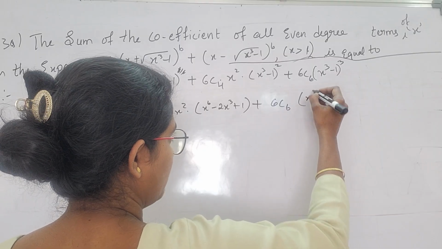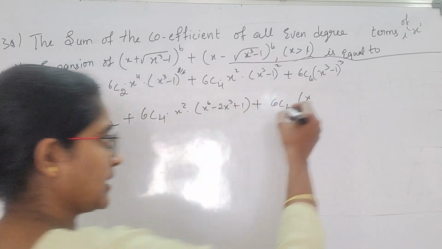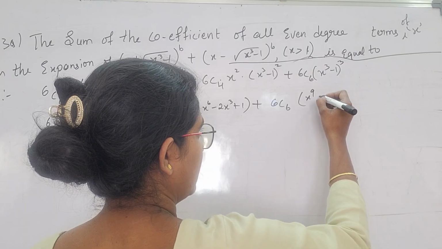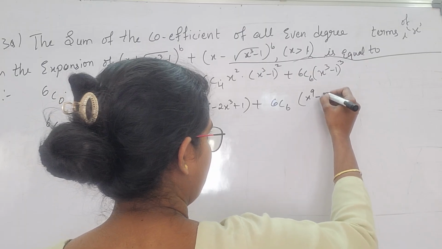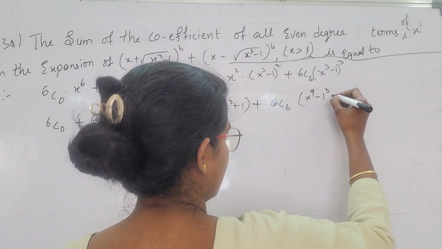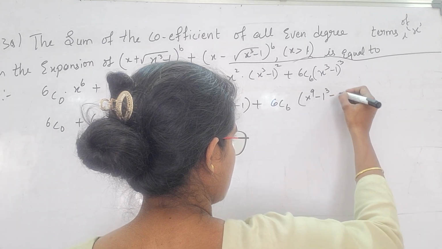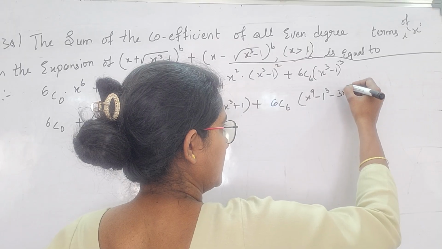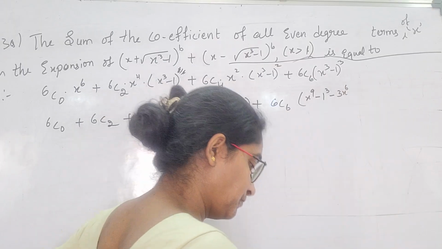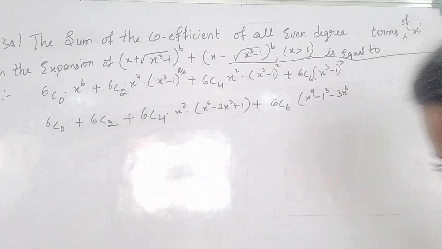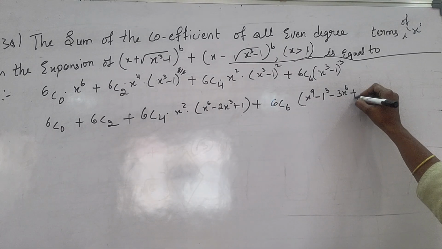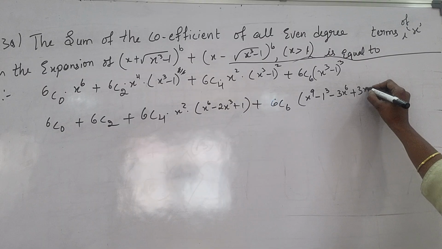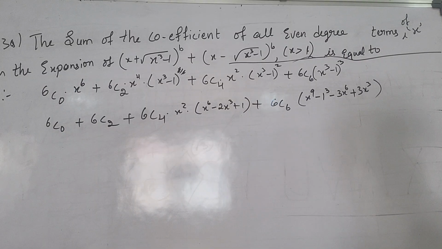So x cube means cube, already cube, it is 9. 9, then 1 cube. Next is minus 3x square, that means 6 square into 3, 6 into 1 plus 3x cube 1.